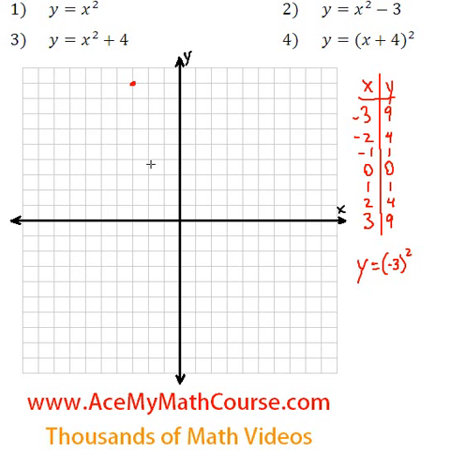So it's going to be over here. -1 and 1, right here. Then we have 0 and 0, the origin. Then we have 1 and 1, 2 and 4, 3 and 9. Excellent.